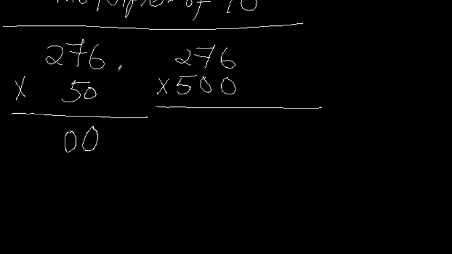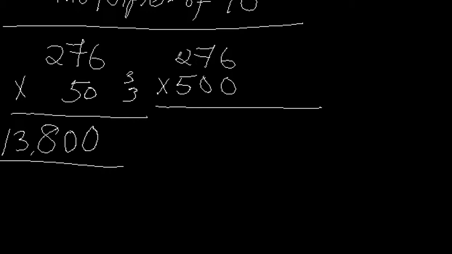I have 3 at hand. 5 7s are 35 plus 3, 38. So I have 8 here and 3 at hand. Then 5 2s are 10 plus 3 makes it 13. So 276 into 50 will give me 13,800, and we don't need to multiply it in two steps.